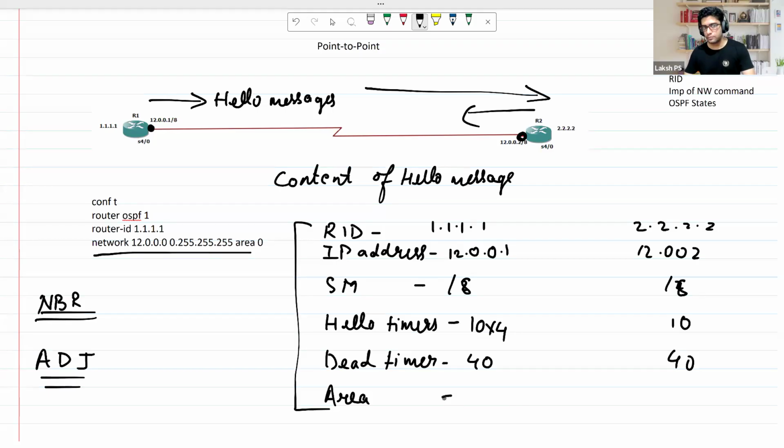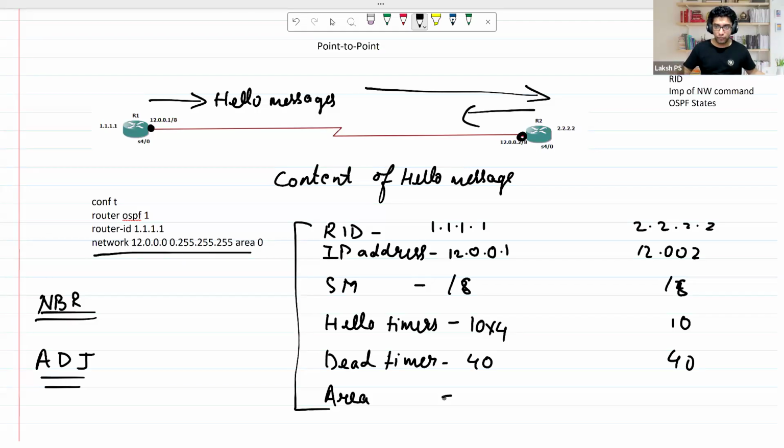Now area. If two routers want to be neighbors, they have to be in the same area, just like you and your neighbor. Me and my neighbor are in the same society, in the same building, on the same floor. That is why we are neighbors. I cannot call you guys who are sitting in a different city my neighbor, because obviously we are not in the same city.